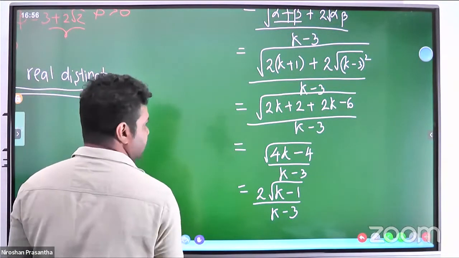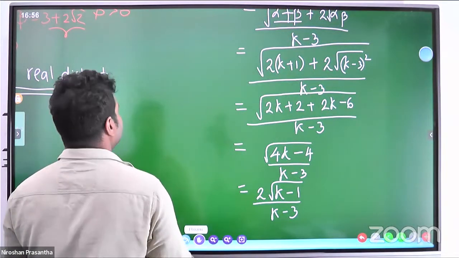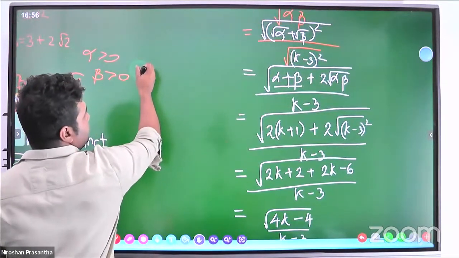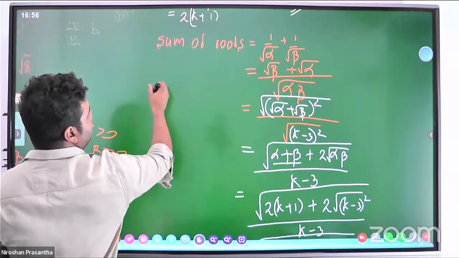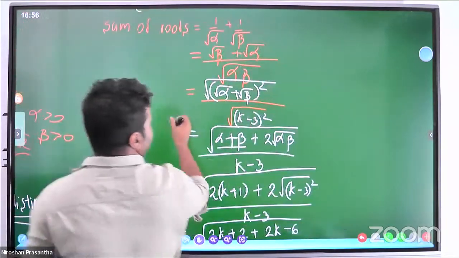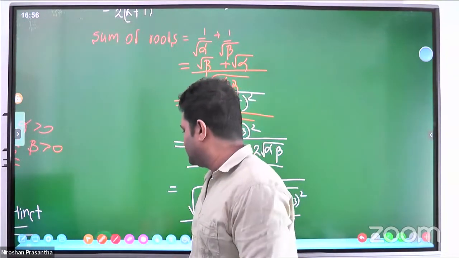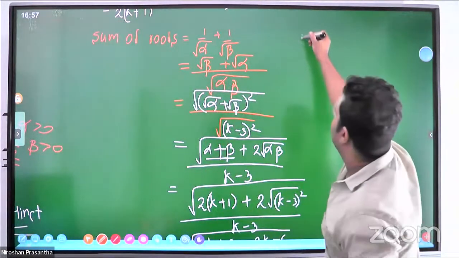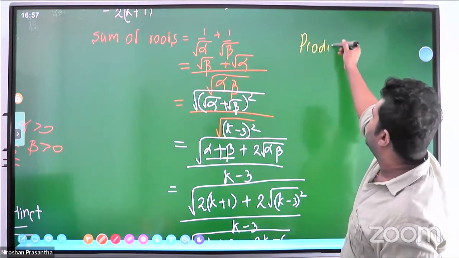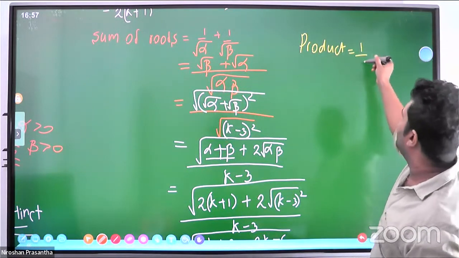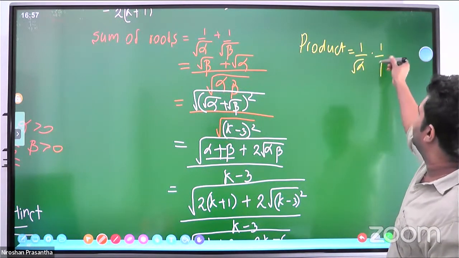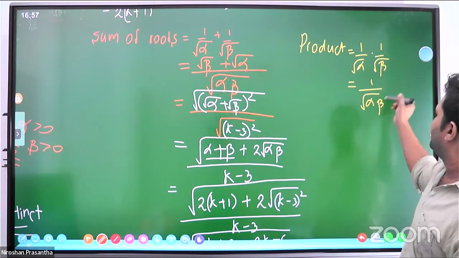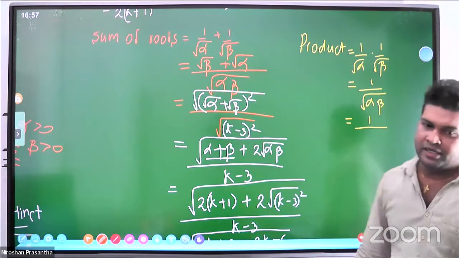The product of the two roots. The sum is okay. Now you will write the product of the two roots. Product of 1 over root alpha and 1 over root beta is 1 over alpha beta.